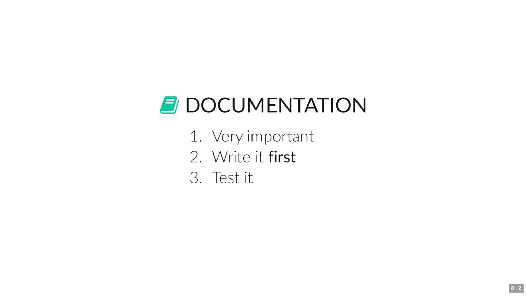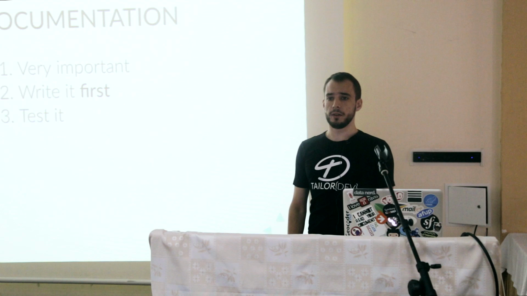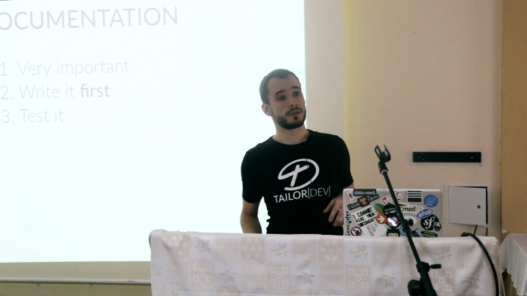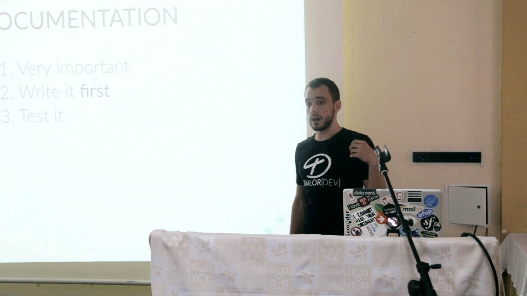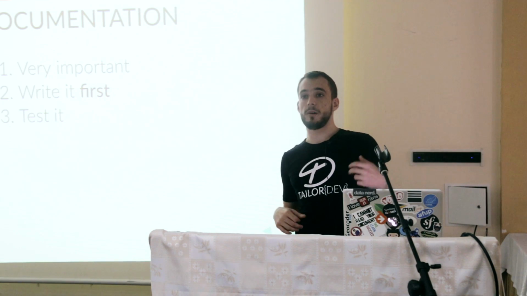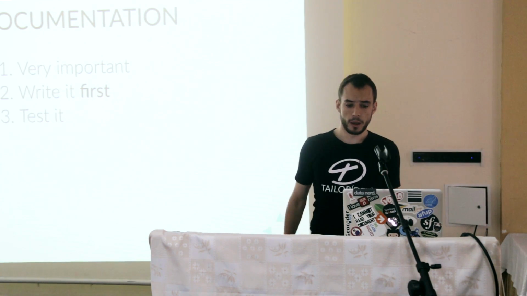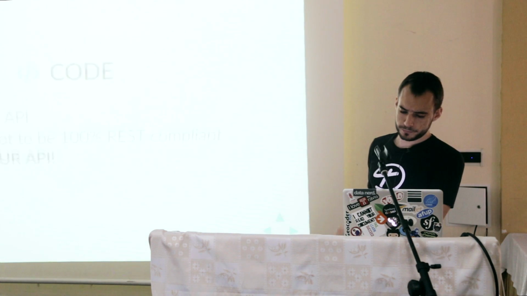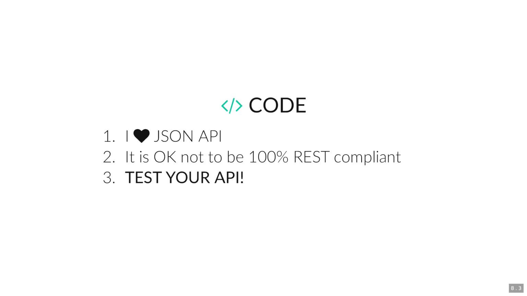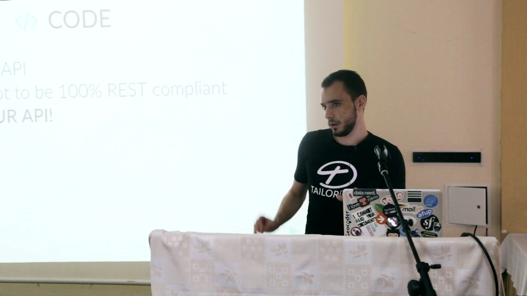So let's conclude now. Documentation, for me, is very important. Hopefully, you are convinced that it's really interesting to write documentation first, because it enables a lot of things before going to the coding step, and you should test it. For code, I love JSON API. Maybe you are not convinced and you want to use something else.